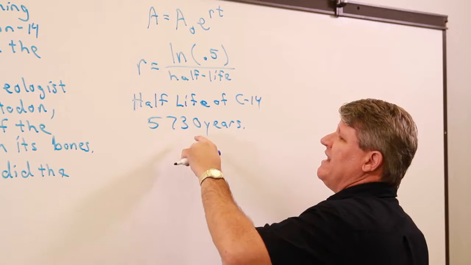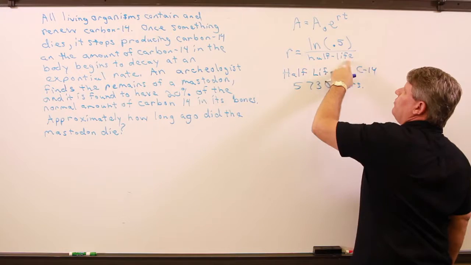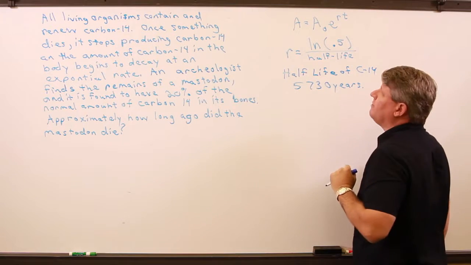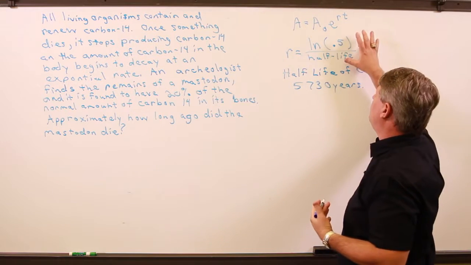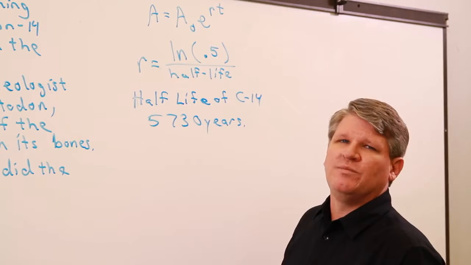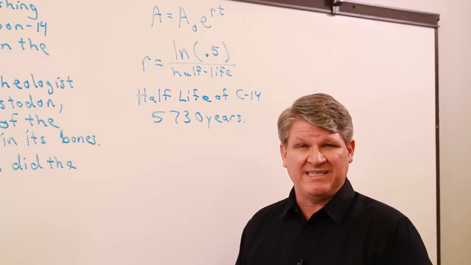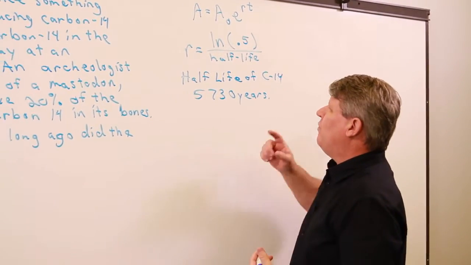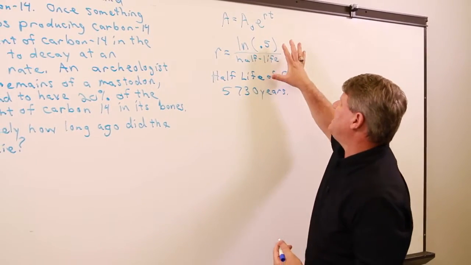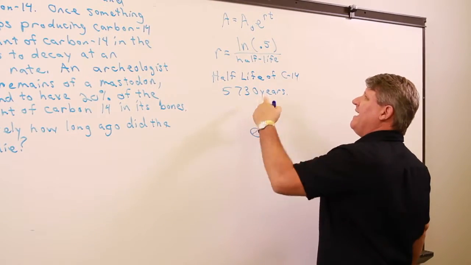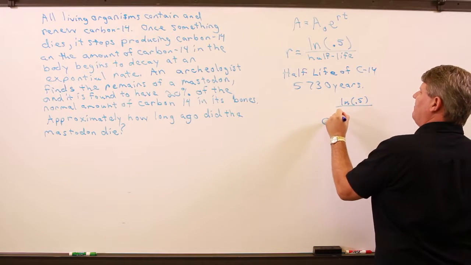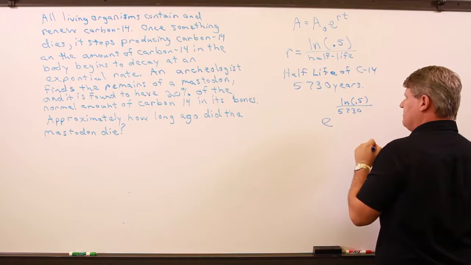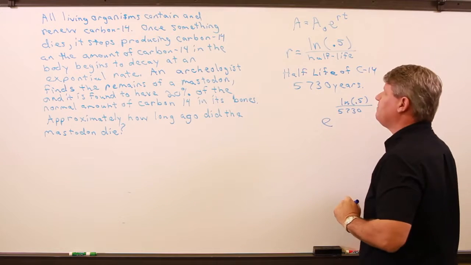Once we know that, we can now fill in 5,730 and find our R. Sometimes we might choose to do this problem using a lot of long decimals because you do suffer from rounding mistakes in this sort of problem. What I'm actually going to do is leave my R as the natural log of 0.5 divided by 5,730. That is just one number.